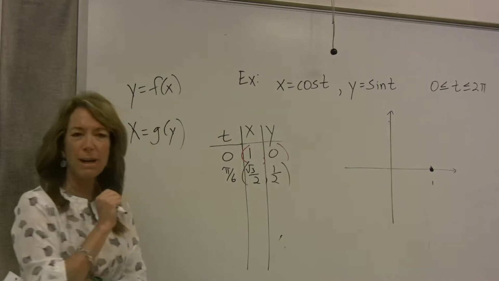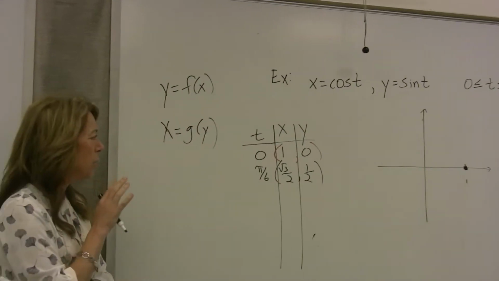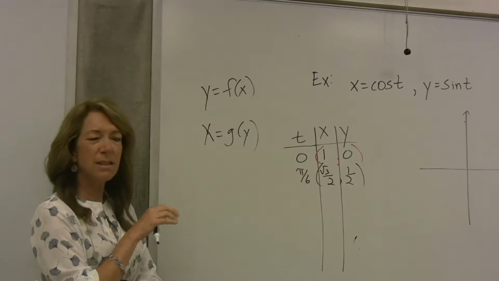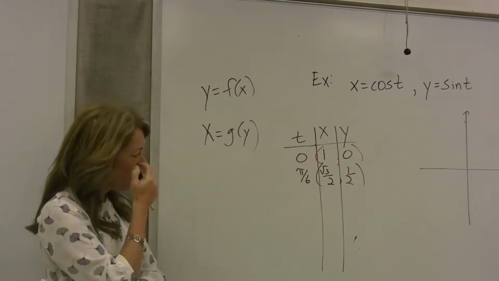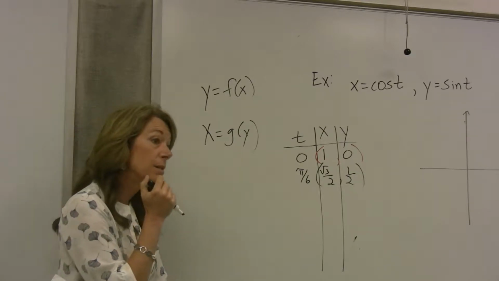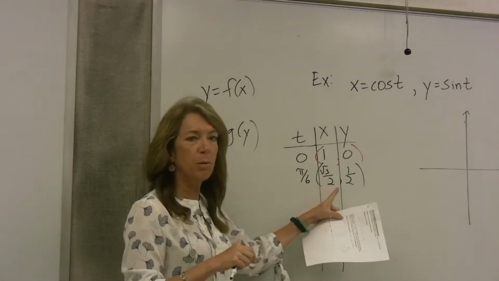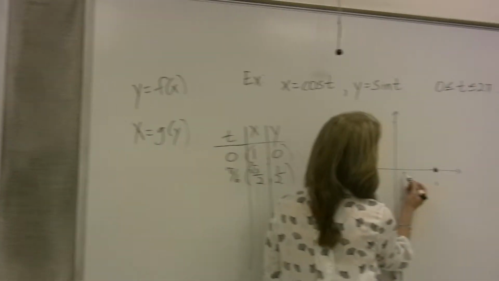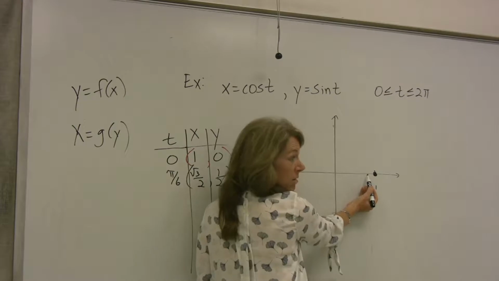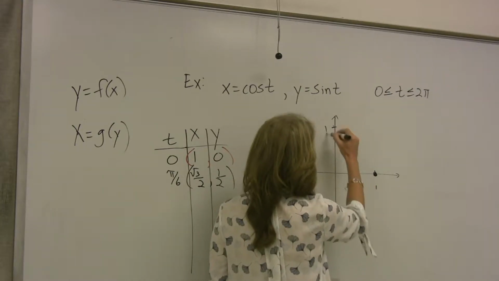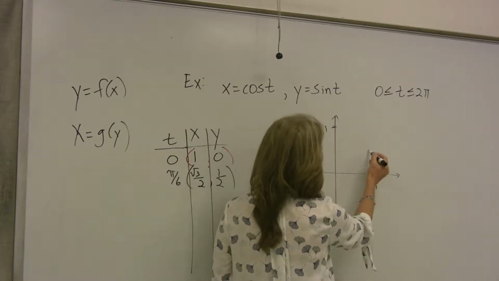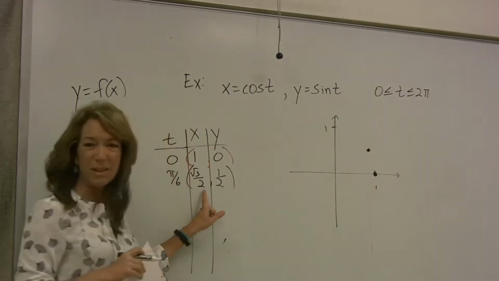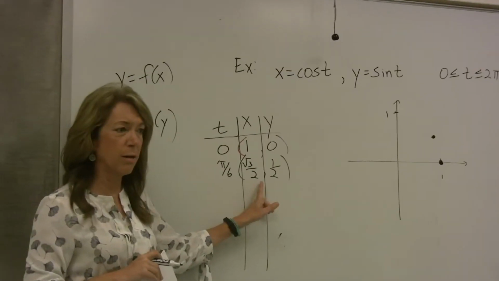I like to put them there so you can recognize it as an ordered pair. Root 3 over 2 is around, let's see, 0.8-ish. Can someone do that in their calculator? 0.86. So this is roughly 0.86 and 1 half. So if I wanted to plot this point, 0.86 is maybe over here, and up 1 half, so maybe I'm right here. What I did is I just turned that into a decimal so I could find it on the graph.